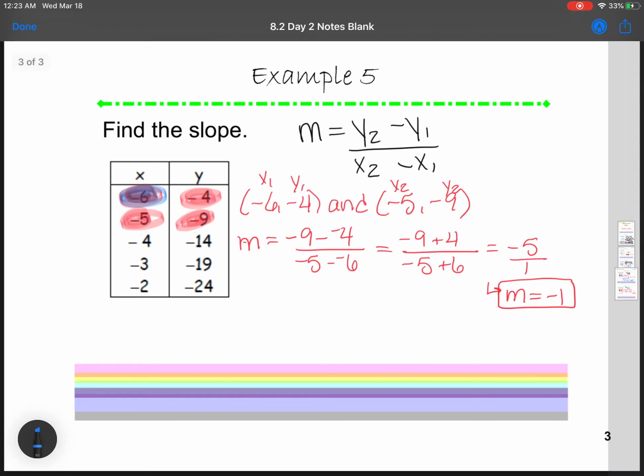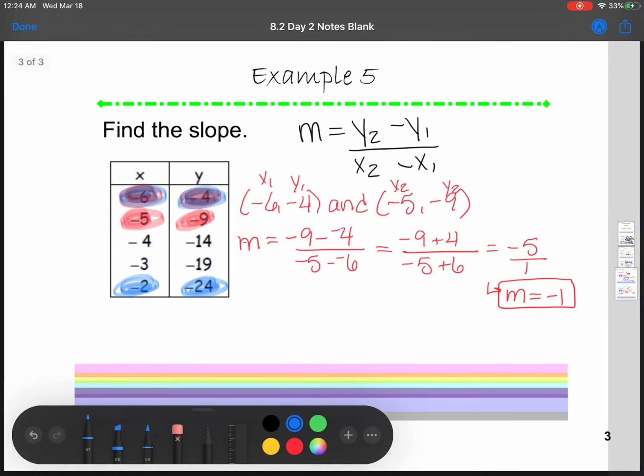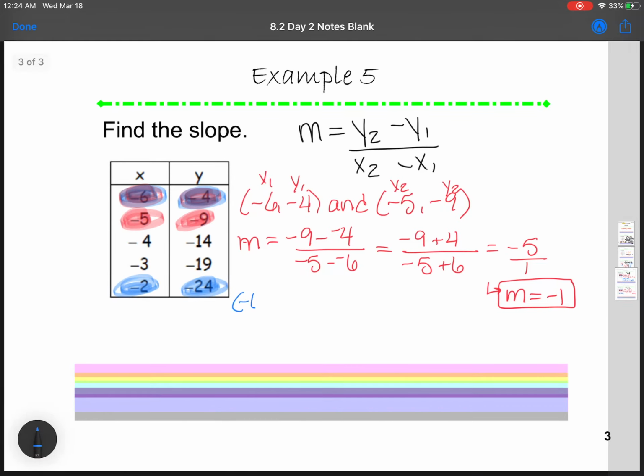Okay? Another set of points I can do this with is negative 6, negative 4, and negative 2, negative 24. Those points are really spread out. Hopefully they'll work. Let's see. x1, y1, x2, y2.